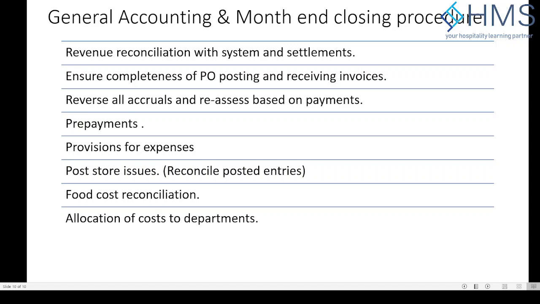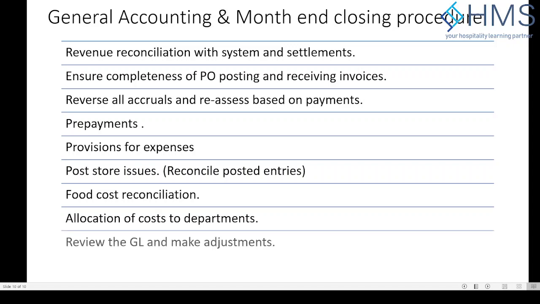Allocation of departments follows a very specific process, right? First you allocate the canteen cost, then maybe you allocate the laundry cost. Once you have allocated the laundry cost, then you go ahead and do the meal cost, and then you will do the other departments like flour and other departments which are there. So that is the general process for allocation of the cost.